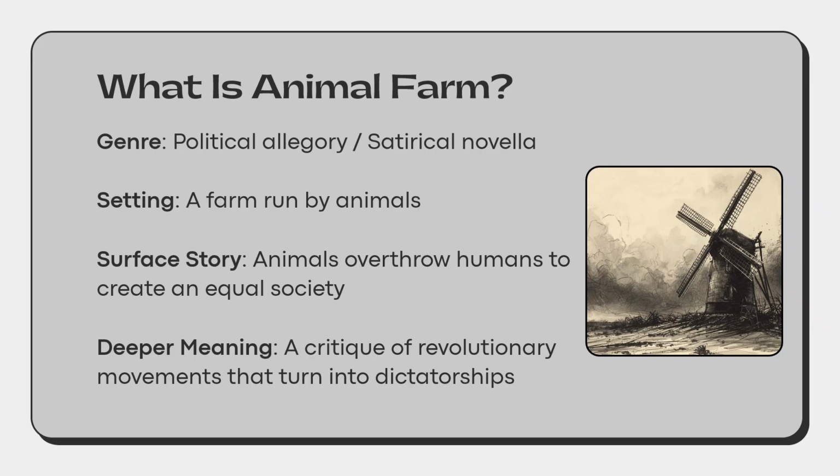However, beneath this simple narrative lies a complex critique of political revolutions, particularly those that promise equality but result in oppression. The novel shows how noble ideas can be manipulated by those who seek power.